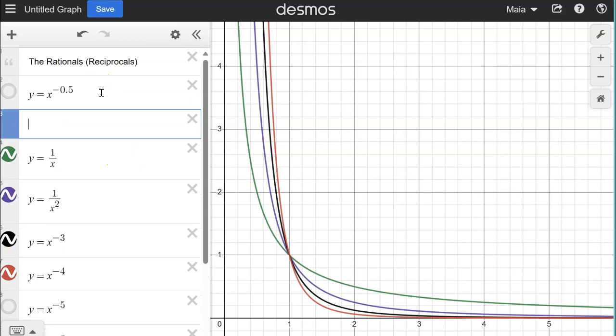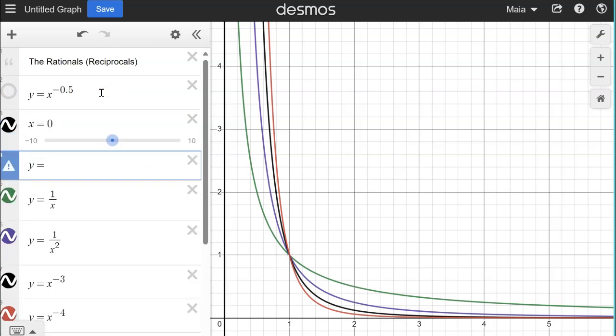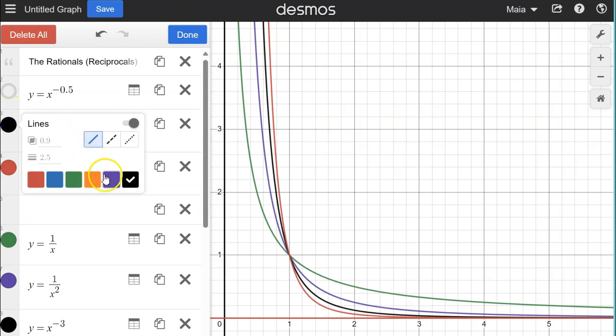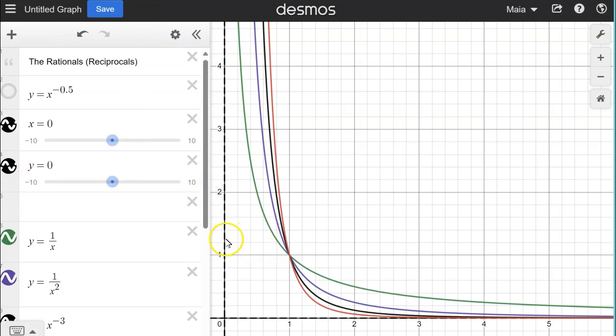We could even type those in, x equals 0 and y equals 0. And if you're graphing these on paper, what you'd normally do is show that with a dashed line. So we show that there's an asymptote by making a dashed line. You can kind of see those sitting along the axis. And that just shows it's not really part of the graph, but it's governing the shape of the graph.